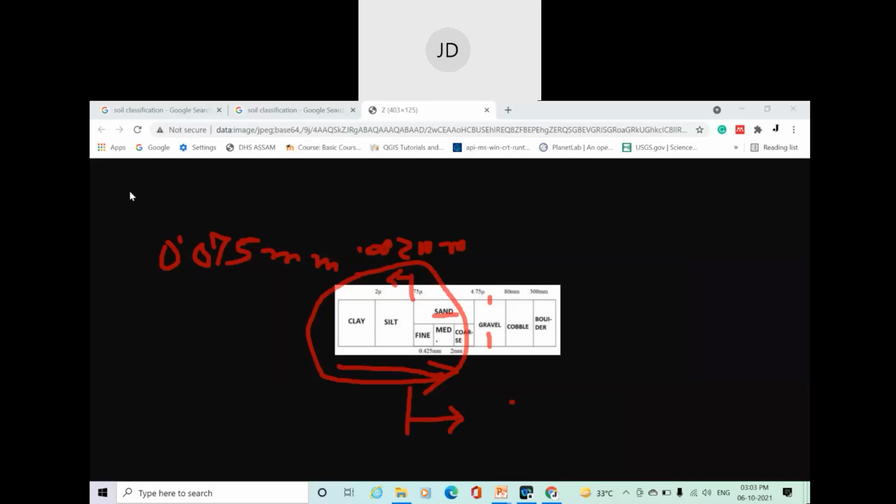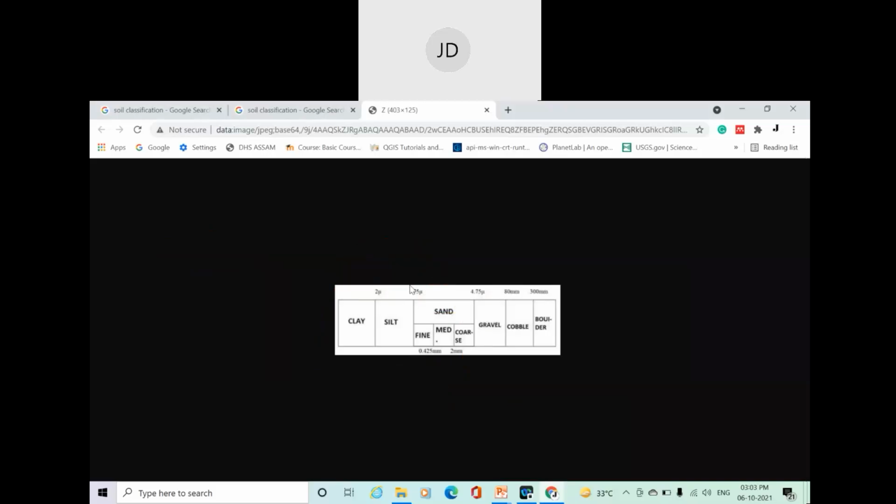I'm repeating again. If in a particular soil sample more than 50% of the soil has sizes smaller than 75 micron, then that type of soil is known as fine grained soil.